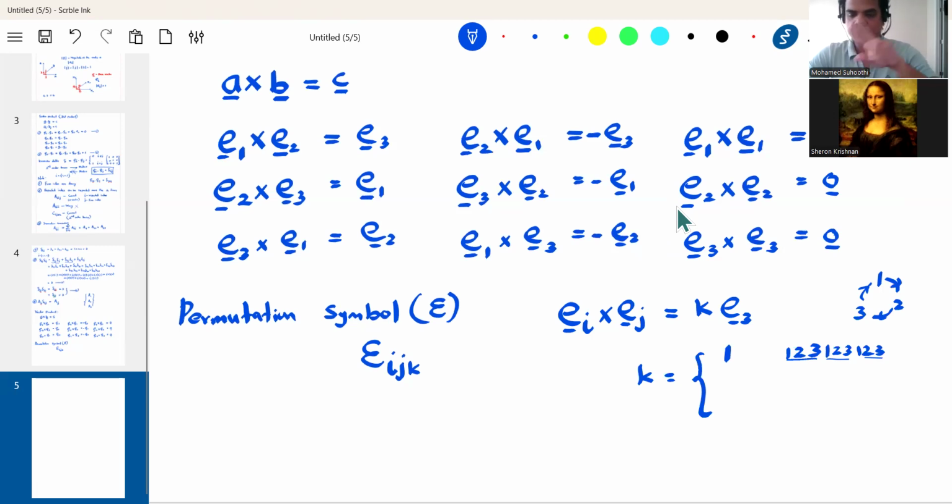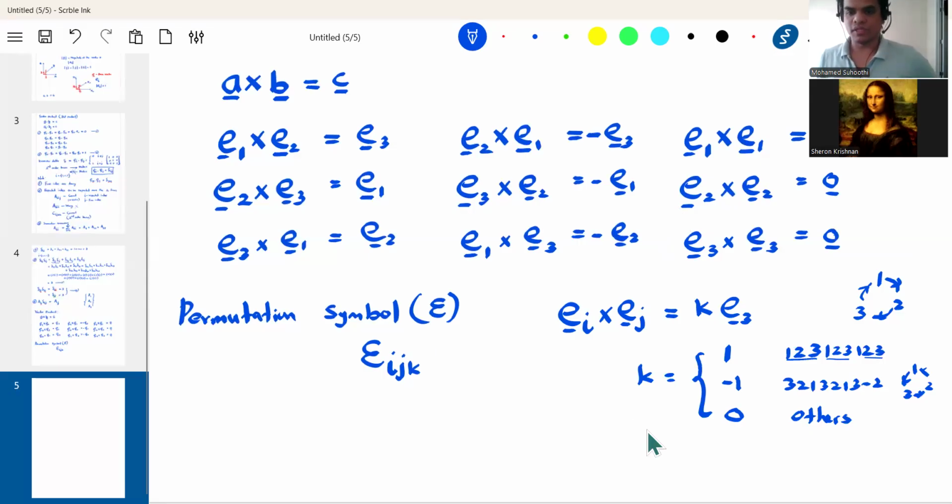Similarly, the opposite, that means 3, 2, 1, 3, 2, 1, is the counterclockwise order. The 1, 2, 3 order is the other way, so in this case my answer is -1. Other than this, if anything is repeated, that is 0 for the other cases.